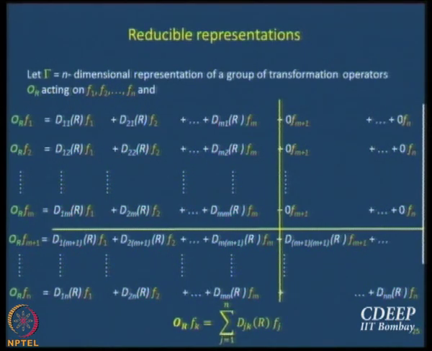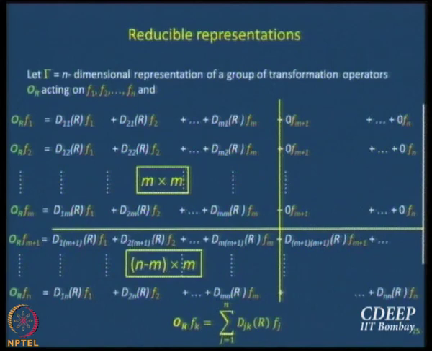Now, what is the dimensionality of this block? M by m. What is the dimensionality of this block? It is n minus m into m. Are you talking about the matrix or about what you get from here?